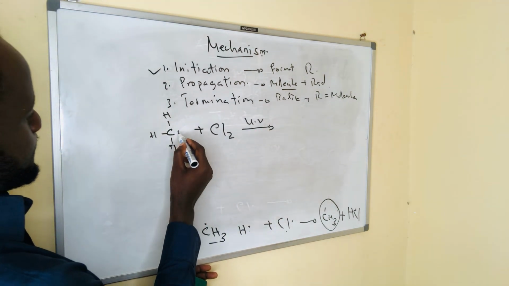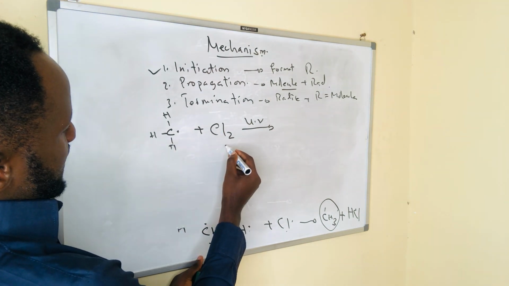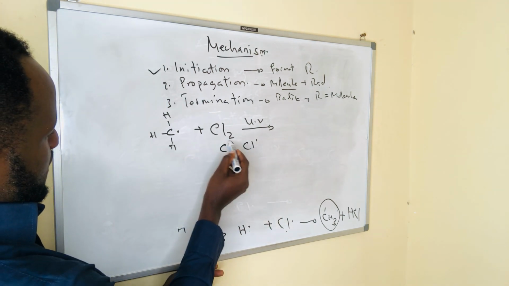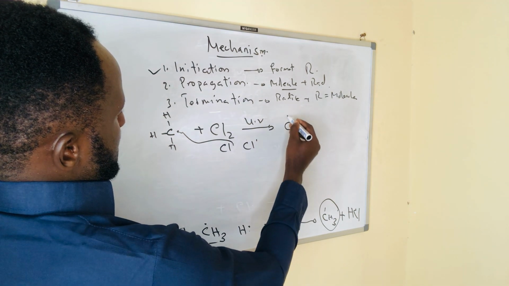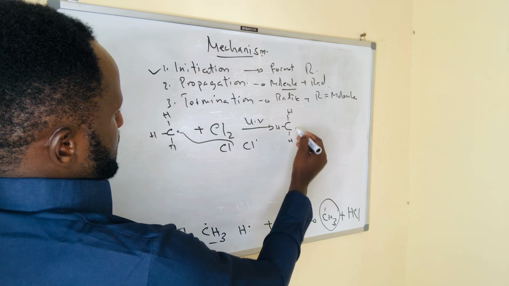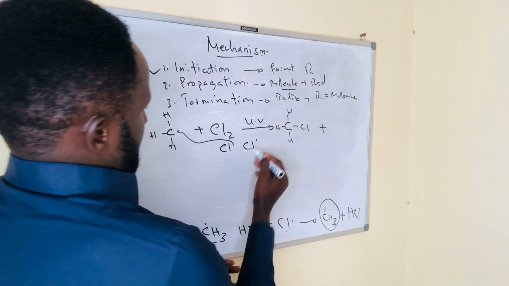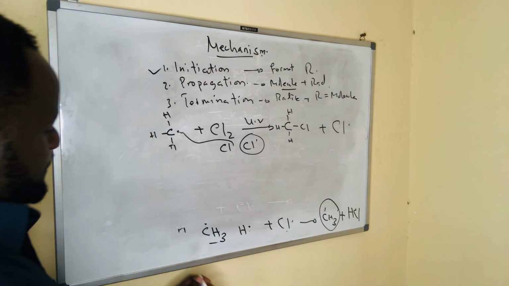This helps to break this bond homolytically. At the end, you'll have chlorine radical. And then this chlorine will join here. So utakuwa na carbon, hydrogen, chlorine, plus this one, chlorine radical.